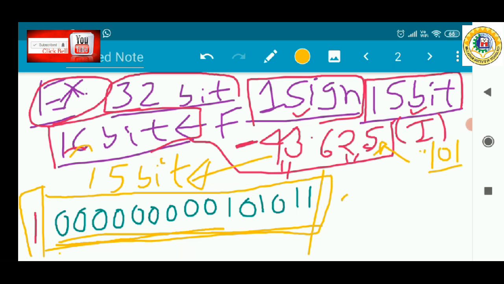From there you can easily identify the disadvantage of this type of number system: we can only use a limited number of bits to represent numbers.